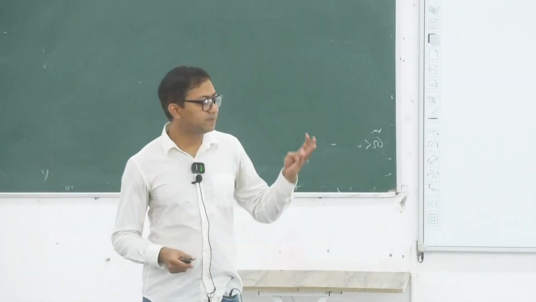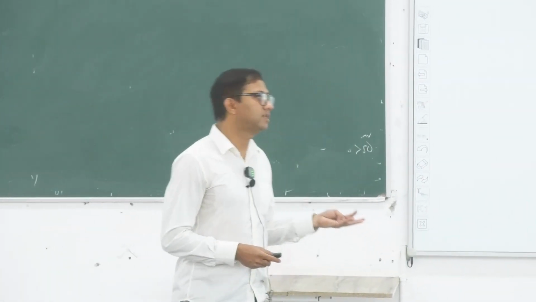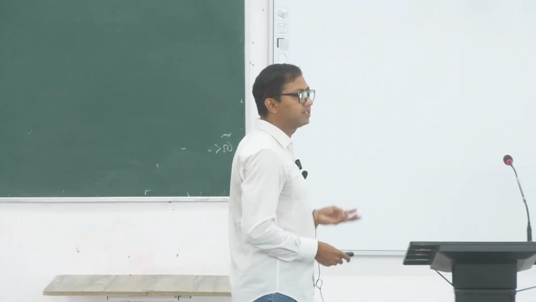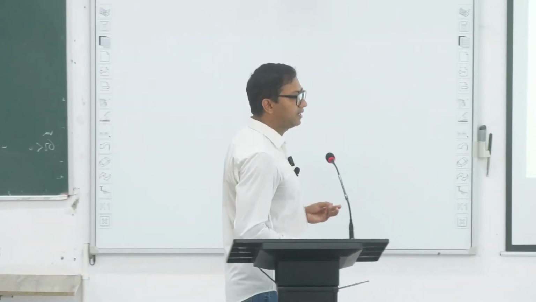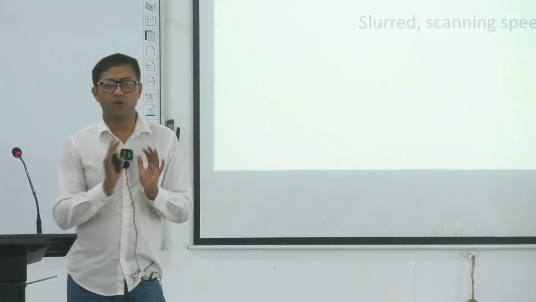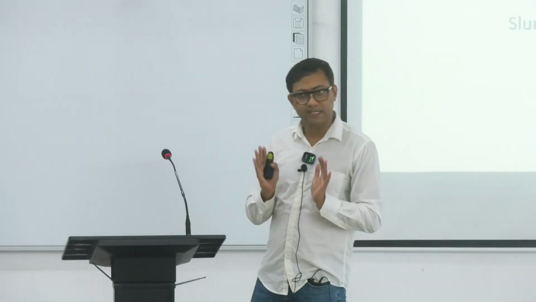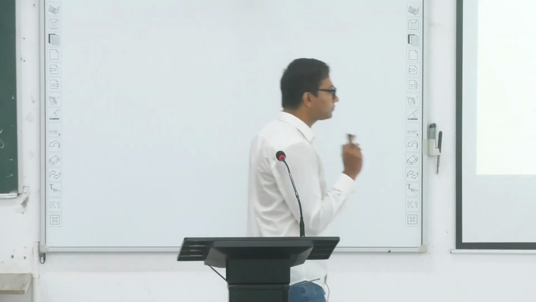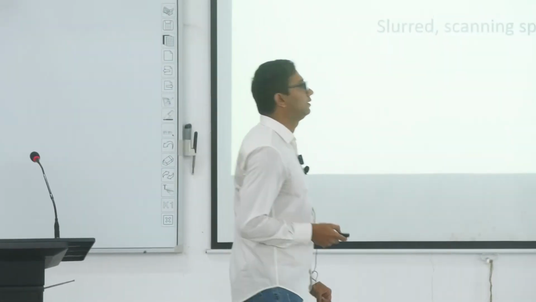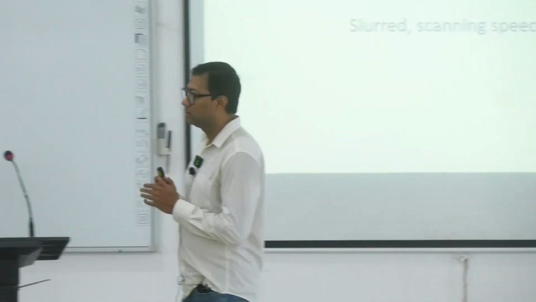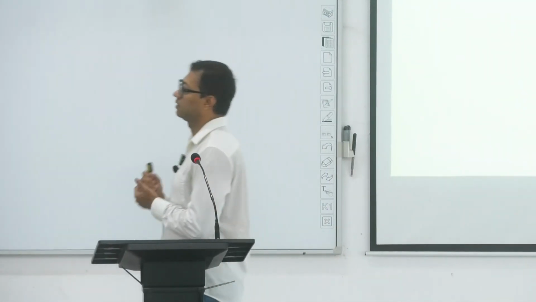So dysmetria and decomposition of movement, then ataxia, then slurred scanning speech, dysdiadochokinesia, pendular knee jerk, all of these are features of cerebellar sign. Now, can any one of you tell me what is the function of cerebellum?